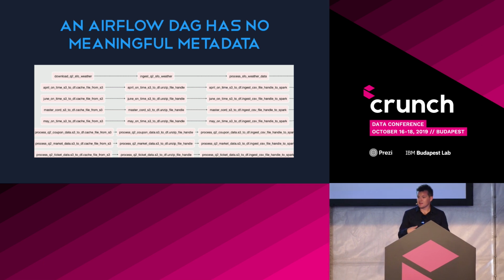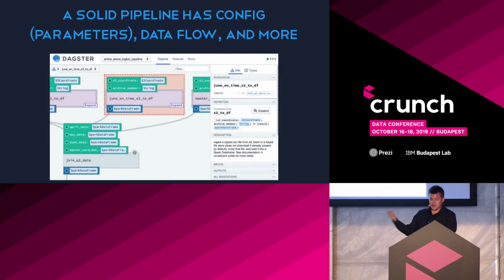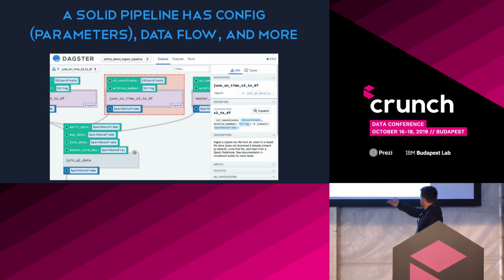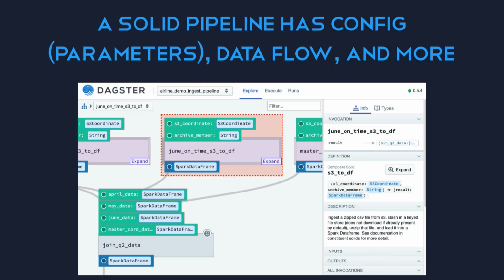But more importantly, that's all the metadata that the system gets in order to actually do useful things. By contrast, I just showed you this. This is a much richer system in terms of expressivity, right? You can understand what's going on better, presumably. You can compose things. You understand the data flow. Also, what the configuration required is to execute this thing.